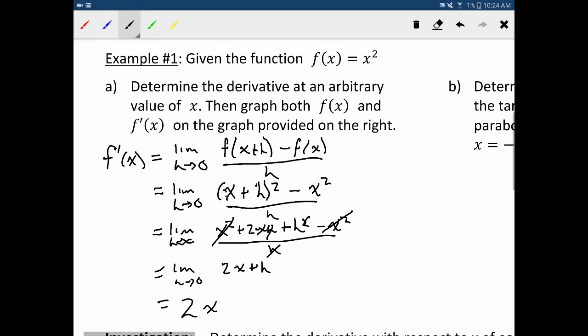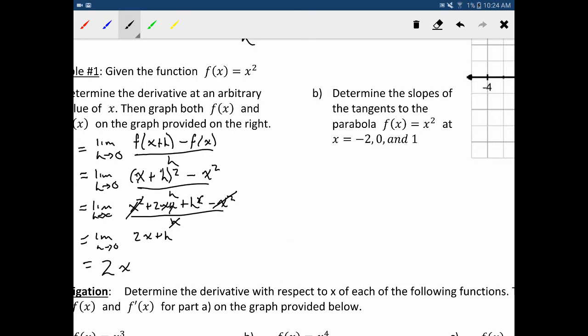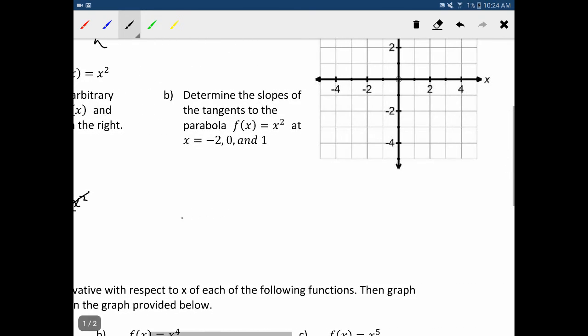So what does this tell us? Well, to determine the slopes of the tangents to the parabola f of x equals x squared, we can sub in these values of x, and rather than doing all that big calculation that we were doing before, we can just figure out the slope of the tangent using this new function. So f prime of negative 2 is equal to 2 times negative 2, so negative 4.